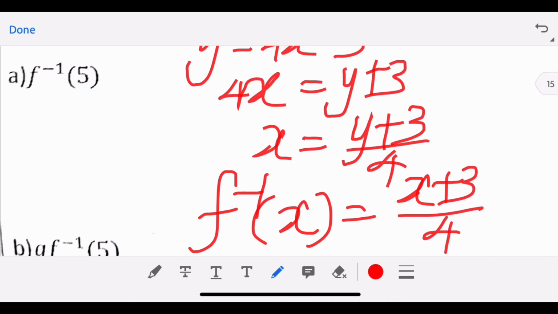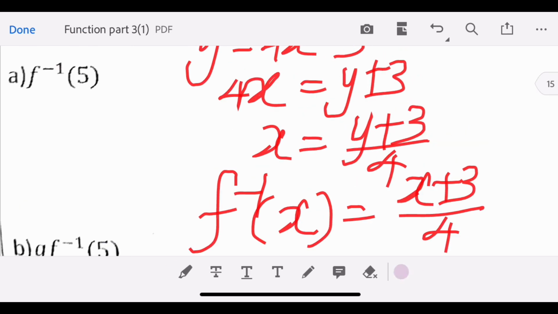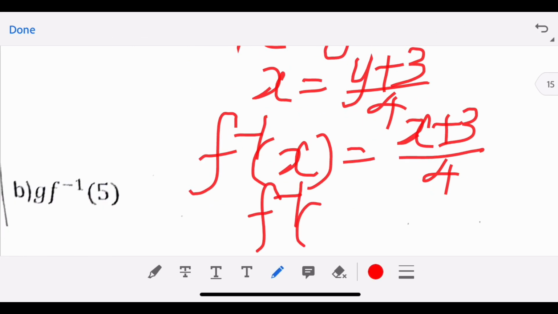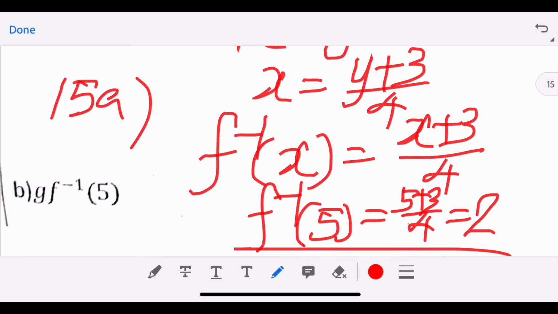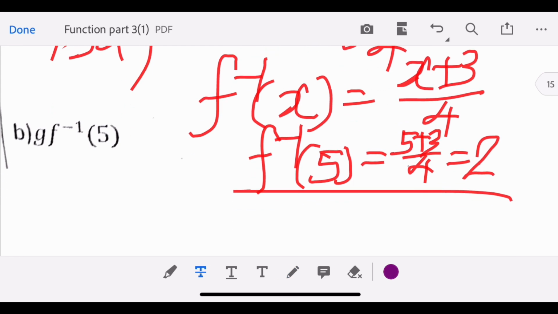So we substitute the 5, 5 plus 3 over 4. So the f inverse 5 will be 5 plus 3 over 4. So the answer is 2. So this is the answer for question number 15a. Okay, f inverse 5 is 2.